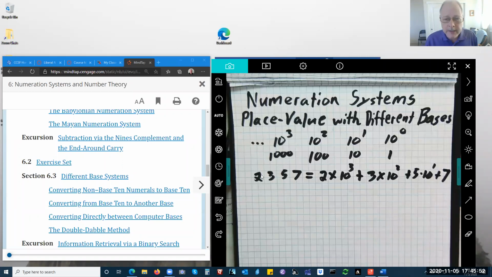So we only need the 10 different digits, 0 through 9. And depending what place you put them in, they're worth different amounts. Okay.